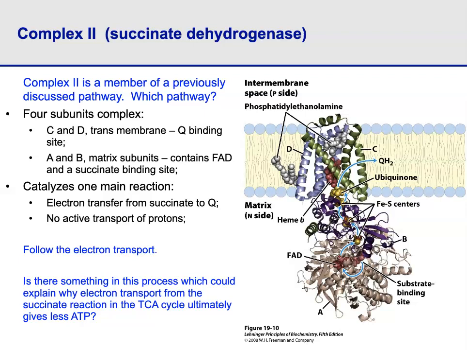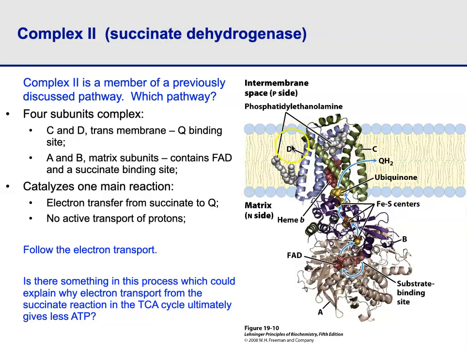This is the enzyme that converts succinate to fumarate, and the only electron pair from the TCA cycle is transferred to FAD, converting it to FADH2. And we will see now how the fate of these electrons is actually different compared to the electron pairs loaded on NAD+.